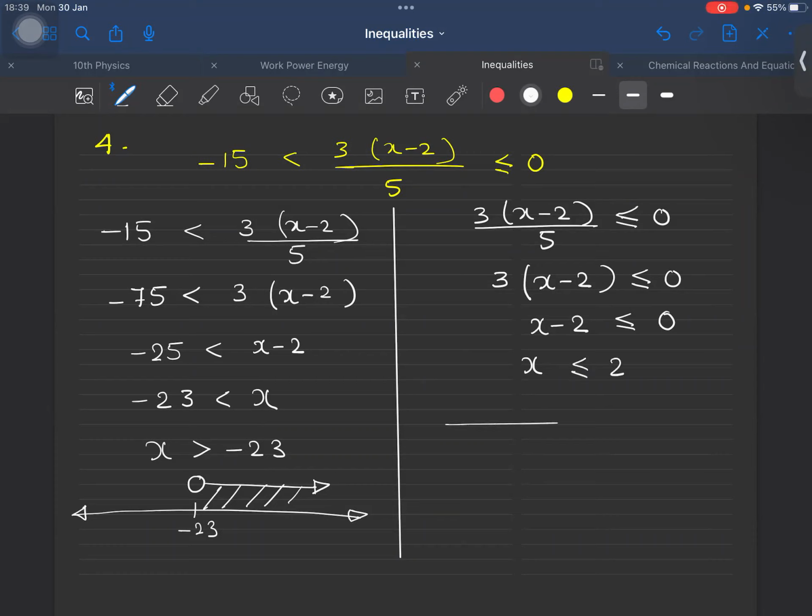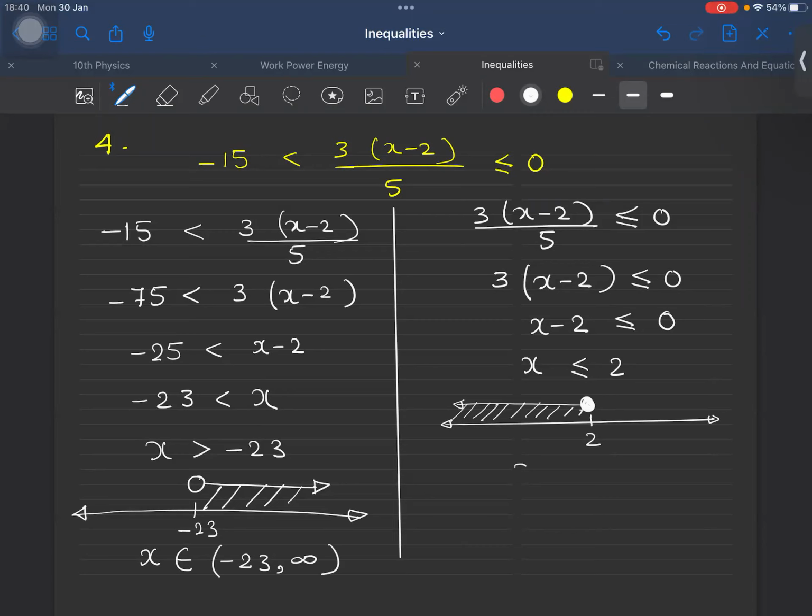So 2 is the critical point here, and there is the equality sign, so we are going to use a solid circle here. Lesser than means all the values to the left side. Here you'll write x belongs to (-23, infinity), both with open brackets.